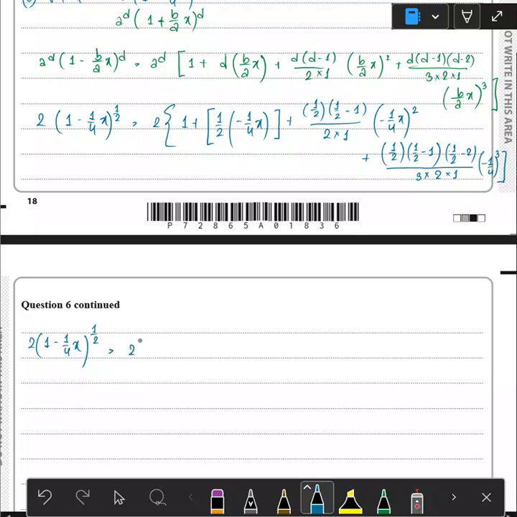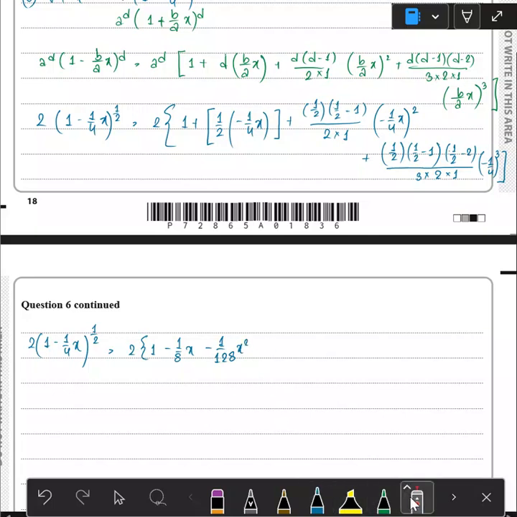then this would just be 2 multiplied by 1, and this would be negative 1 by 8x. And if you put all this in the calculator, half multiplied by half minus 1 divided by 2 multiplied by negative 1 by 4x whole square, then you will get a value of negative 1 by 128x squared.